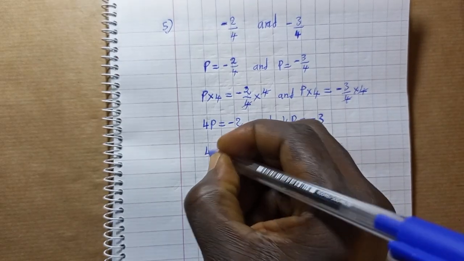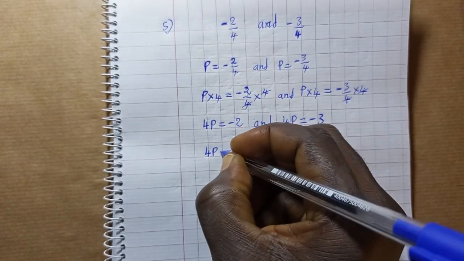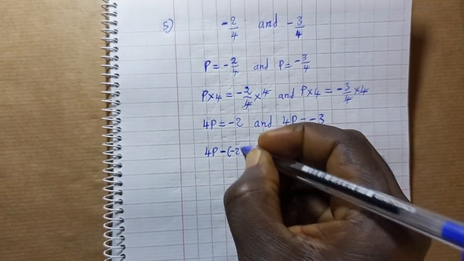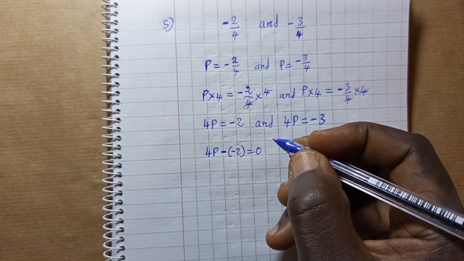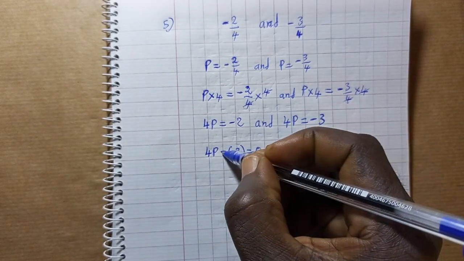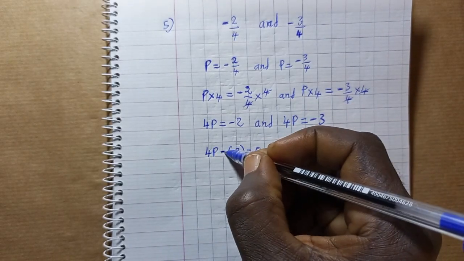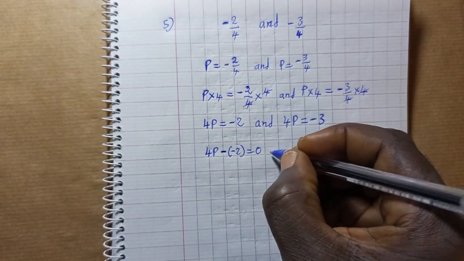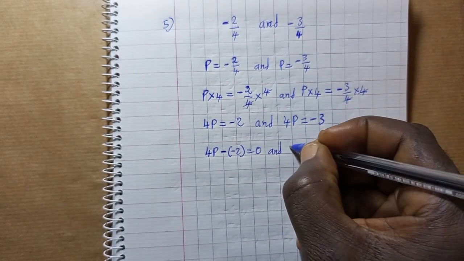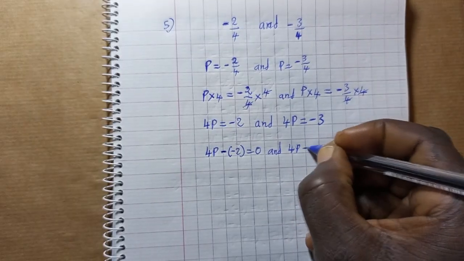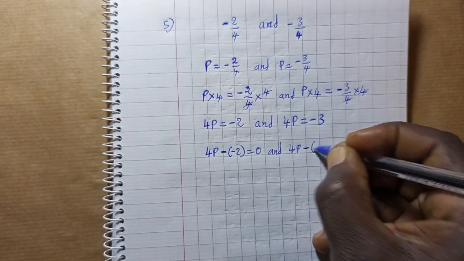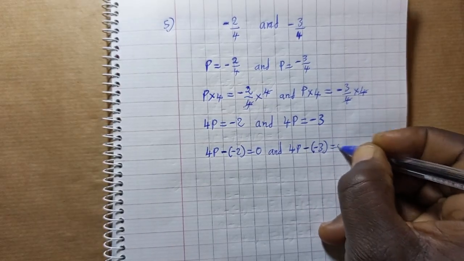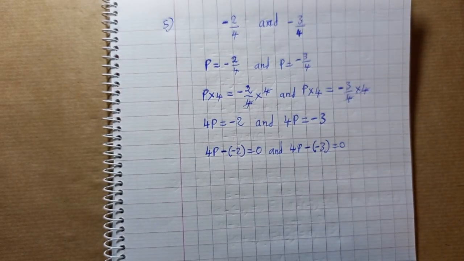So we'll do and equate it to 0. So I have 4p minus open bracket minus 2, then equate it to 0. This is we are subtracting it from this, and then normally it has minus 2, that is in bracket here, and also 4p minus, and then bring this value here, minus 3 in bracket, and then equate it to 0.